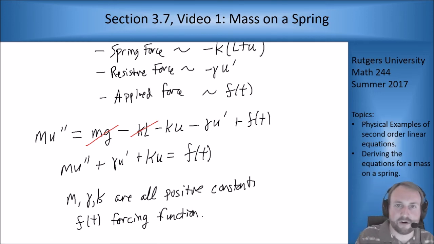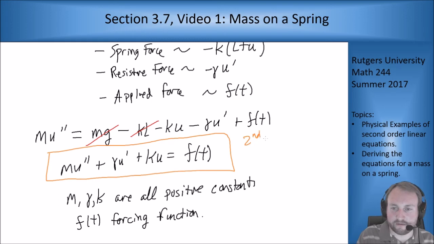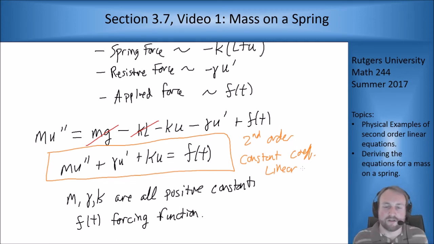So all of that work gets us to this equation right here, which if you look at, you'll see is second order, it's constant coefficient, and it's linear. So if the little f of t on the right-hand side was 0, all the methods we've done in this chapter so far would give us ways to solve these equations.